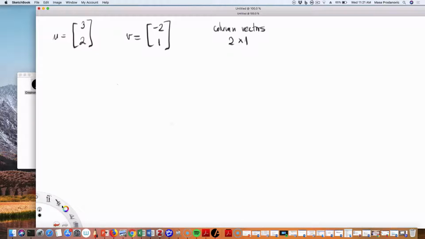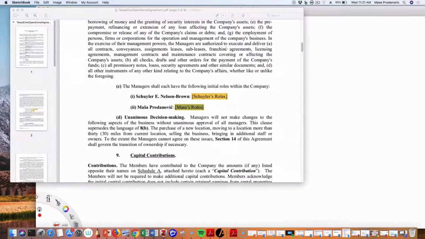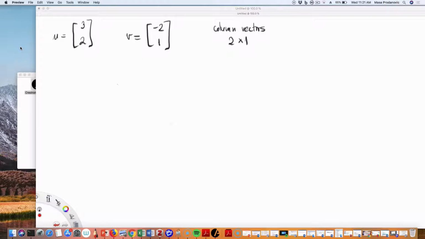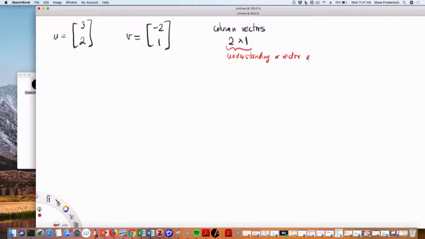This is essentially understanding a vector as a matrix. And we're going to get to matrices, but they're going to have more columns than just one.